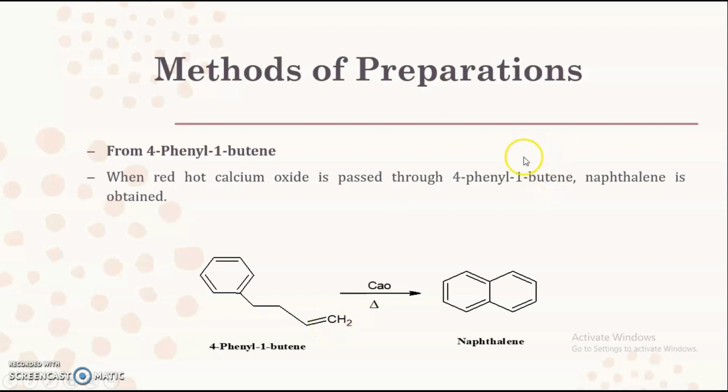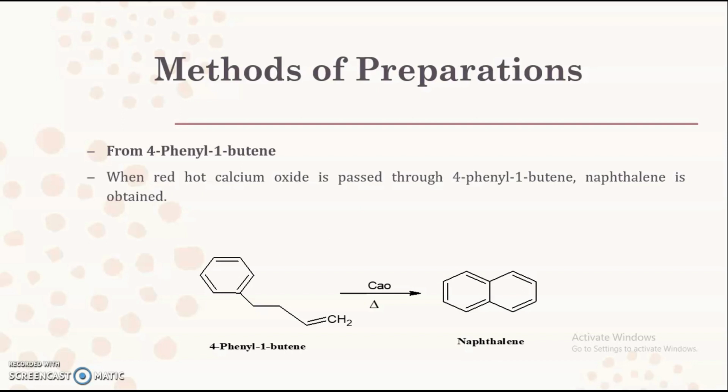And 1-butene, as the name is ending with ene, it should have an alkene group which is situated between the first and second carbon atom. So that's why the double bond is represented over here. So this 4-phenyl-1-butene, when it undergoes the reaction with calcium oxide, when this mixture is heated, it will be converted into naphthalene. So these are the various methods that are used for the preparation of naphthalene.